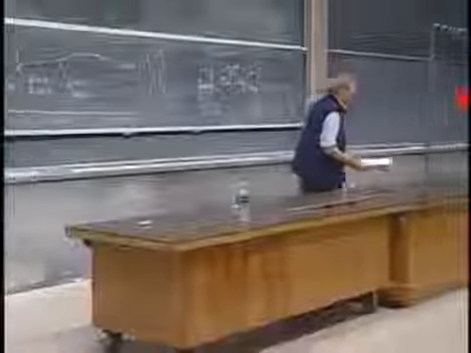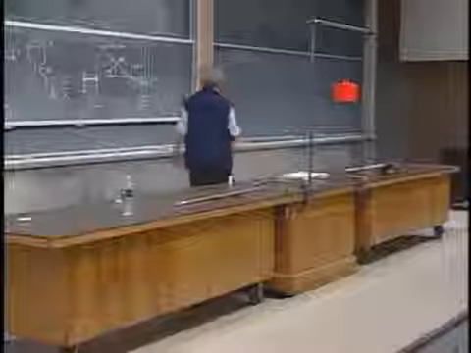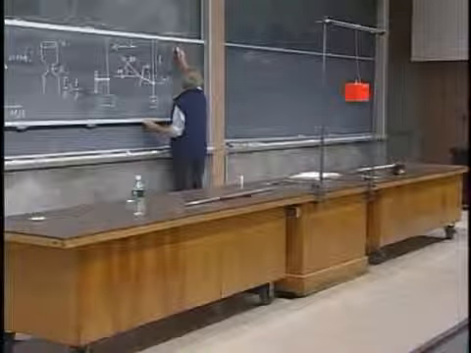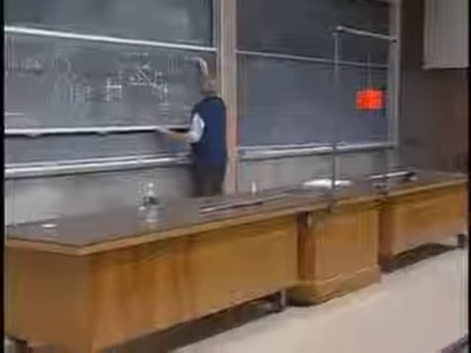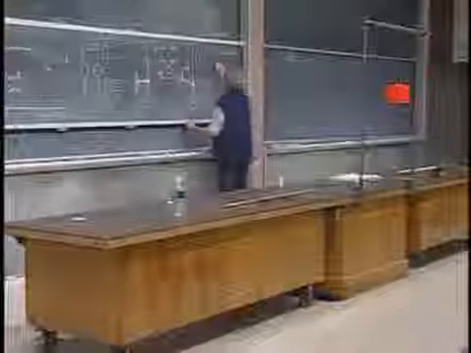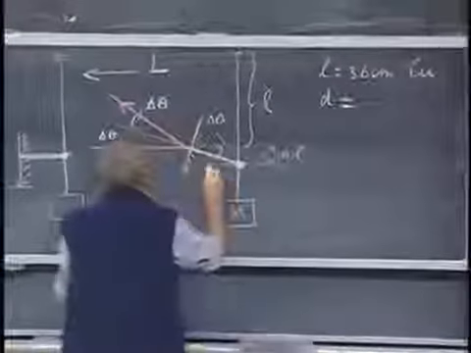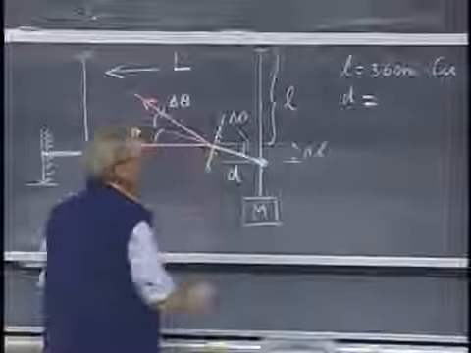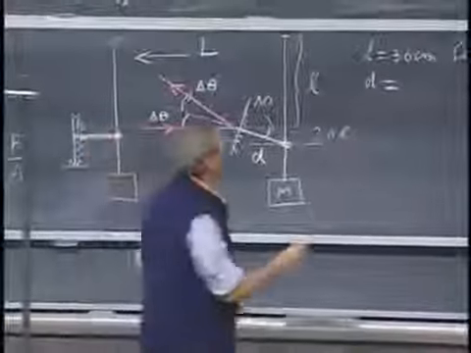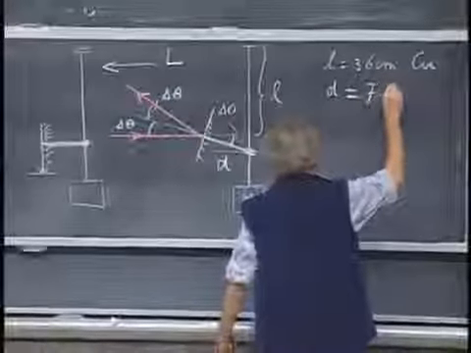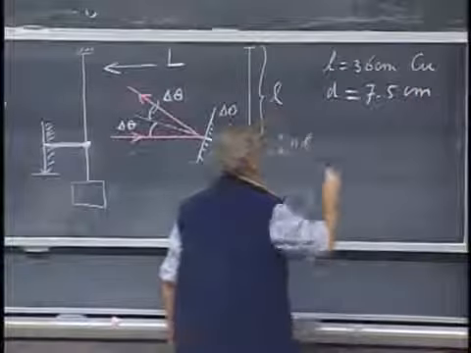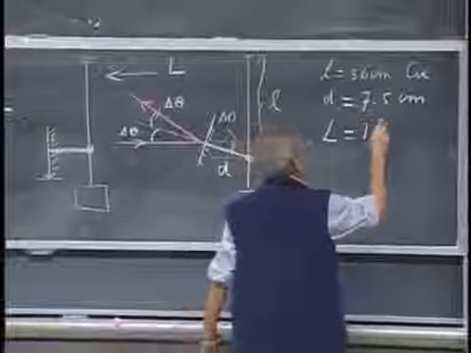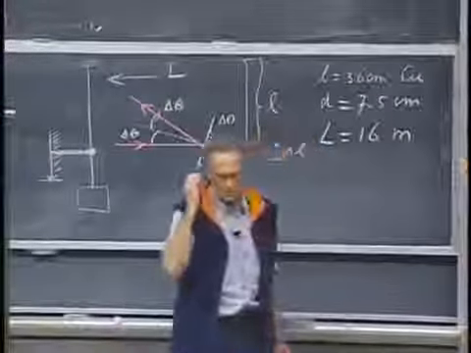Let me first give you the dimensions of this instrument. L is 36 centimeters. It is copper. This bar, which has length d, is 7.5 centimeters. The distance to the wall is about 16 meters.